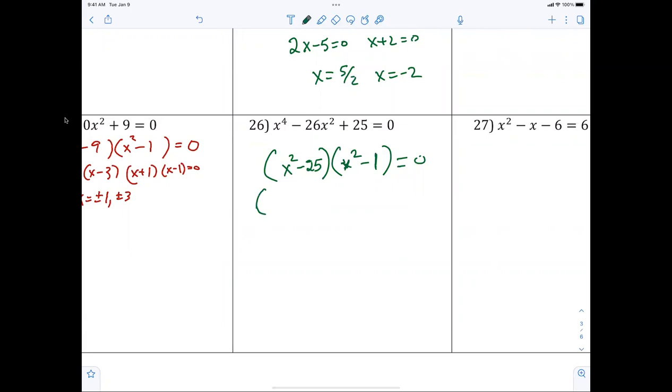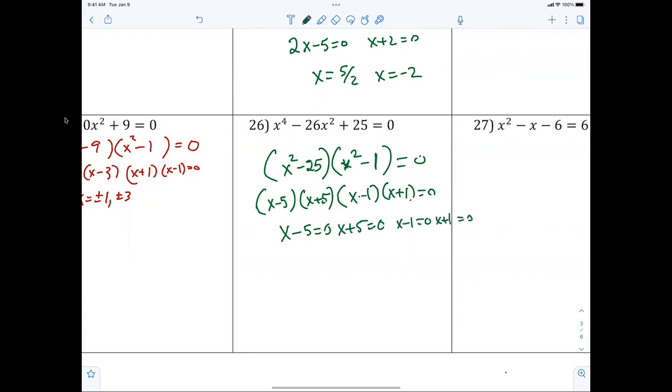Then x squared minus 25 can factor to what? x minus 5 and x plus 5. Yes. x squared minus 1 factors to. Perfect. And then now you say x minus 5 equals 0, x plus 5 equals 0, x minus 1 equals 0, x plus 1 equals 0.